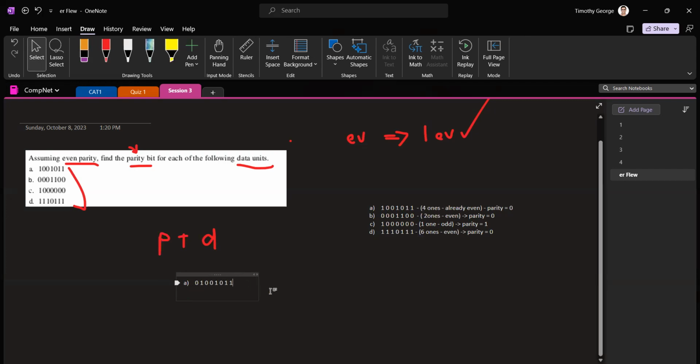This together is what you would call the code word. So it's just the parity bit appended to the beginning.